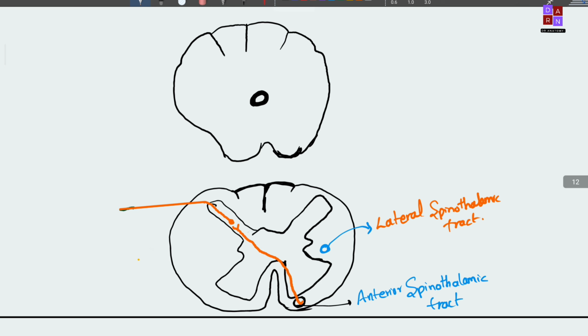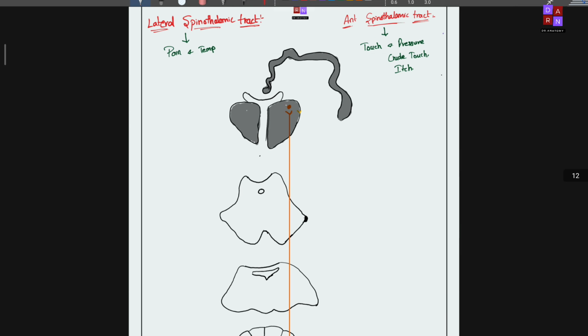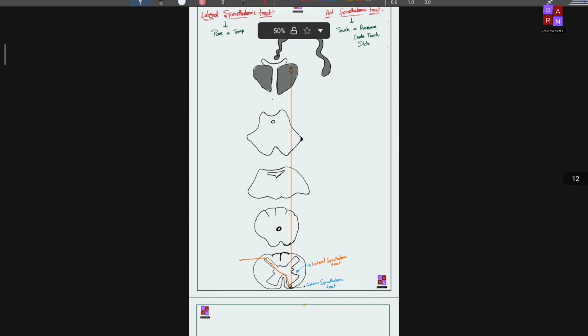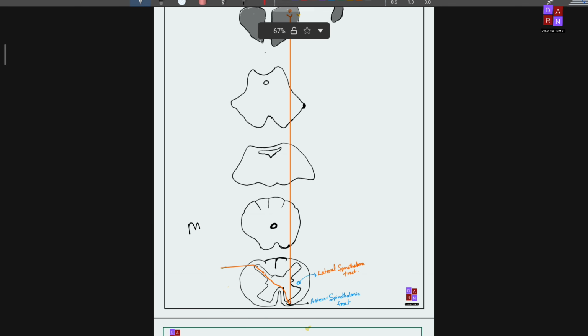From the anterior spinothalamic tract, it ascends through the medulla oblongata, pons, and midbrain into the thalamus.